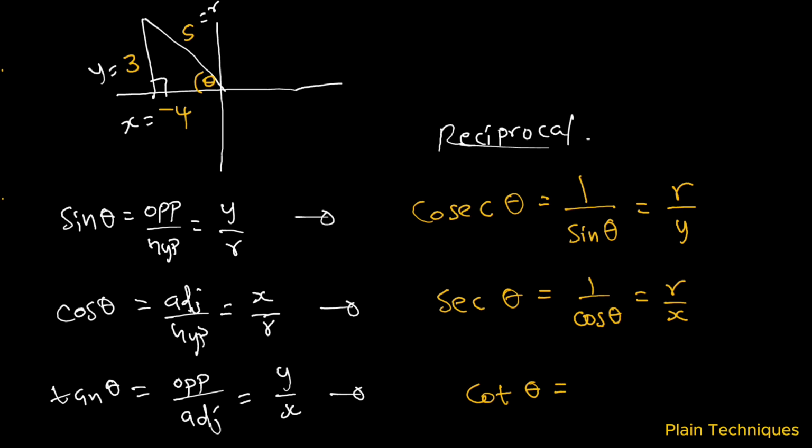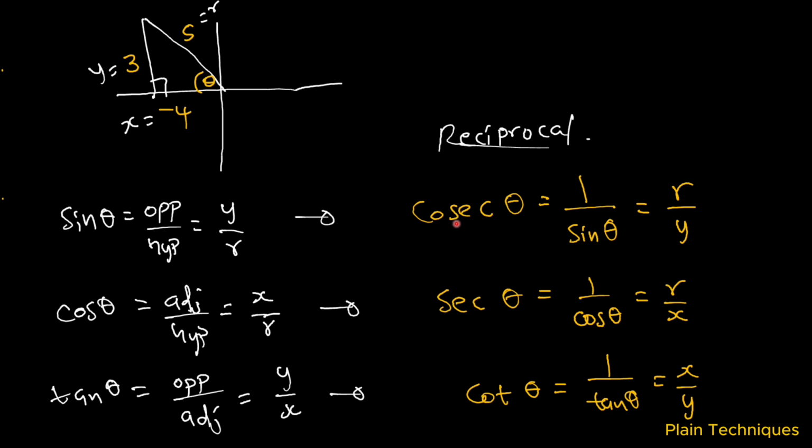So it's cot theta, which is 1 over tan theta. Same thing, you just flip the fraction for tan theta, which is x over y. X over y. Okay?